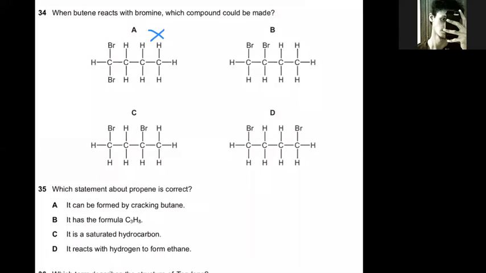In C, bromine atoms are attached on 2 carbon atoms, but they are not next to each other, so C is not the correct answer. In D, again, the carbon atoms are not next to each other. In B, they are next to each other, and before bromine was attached there was a double bond over here. That double bond was broken, and bromine was attached. So B is the correct option.